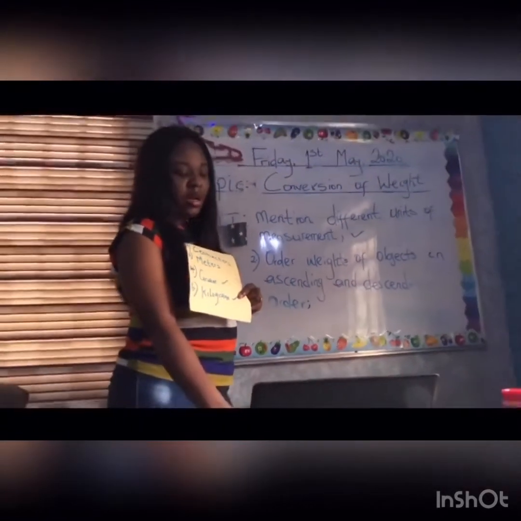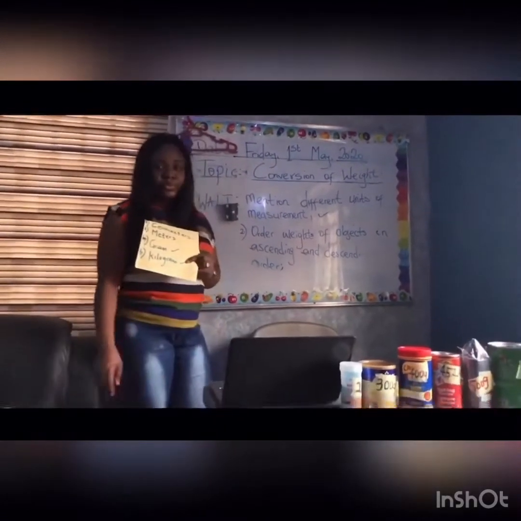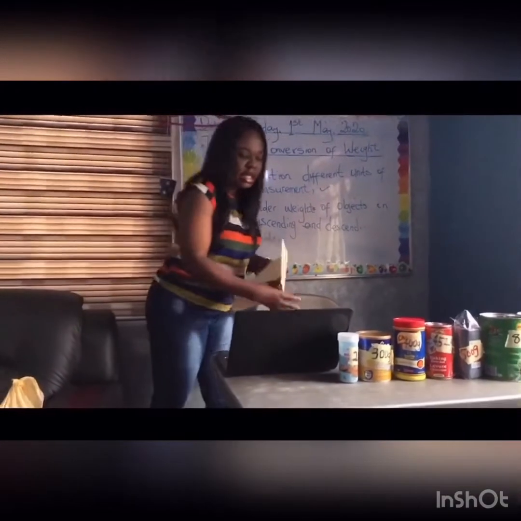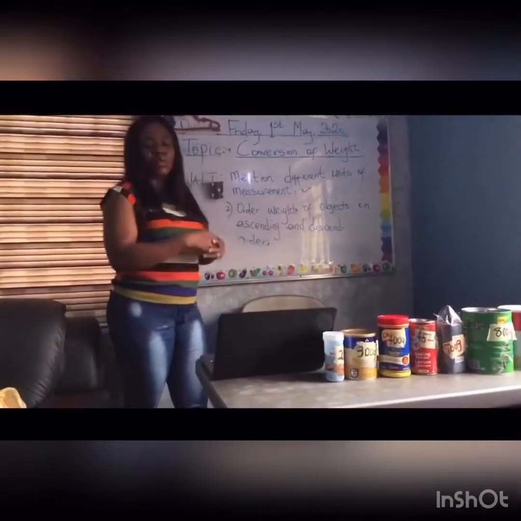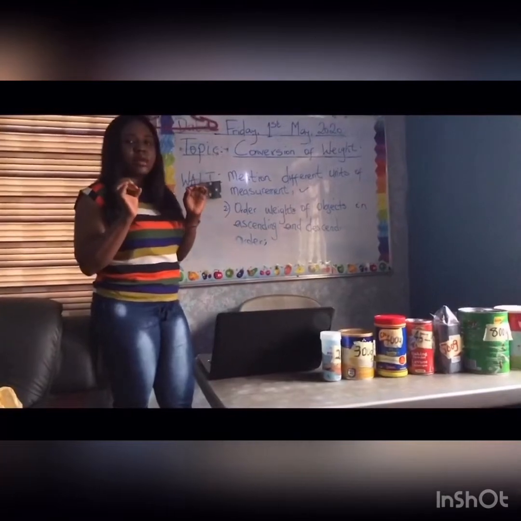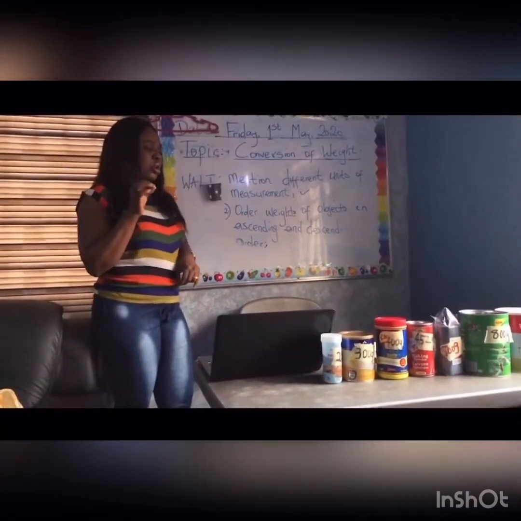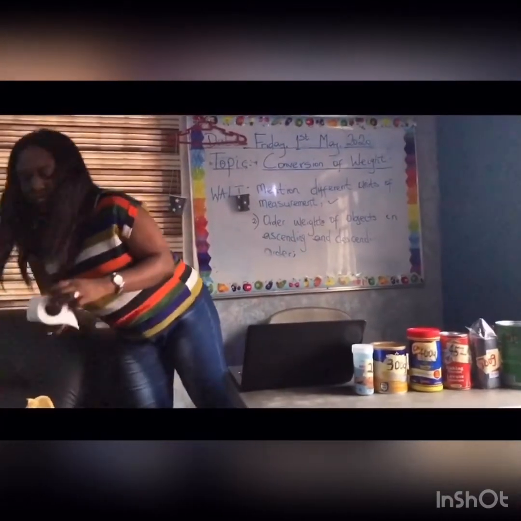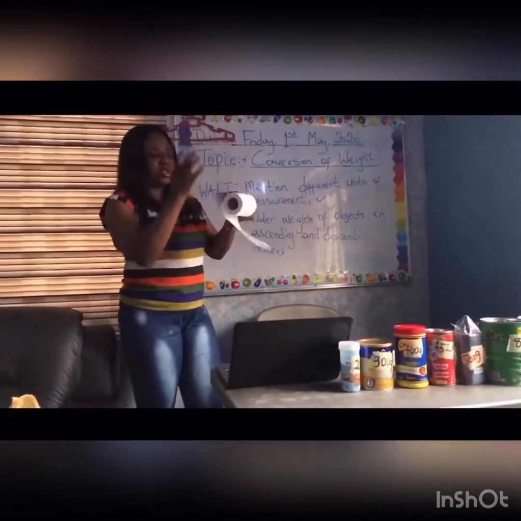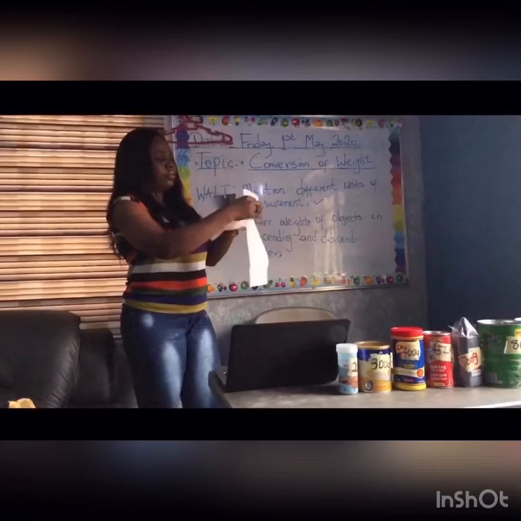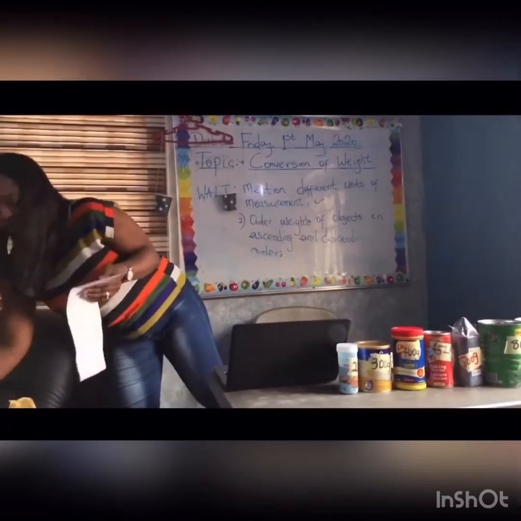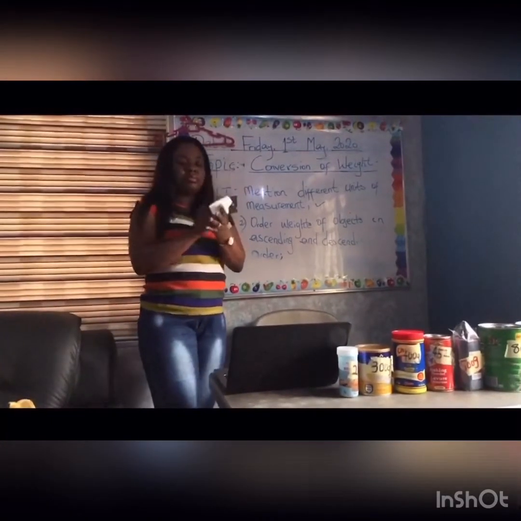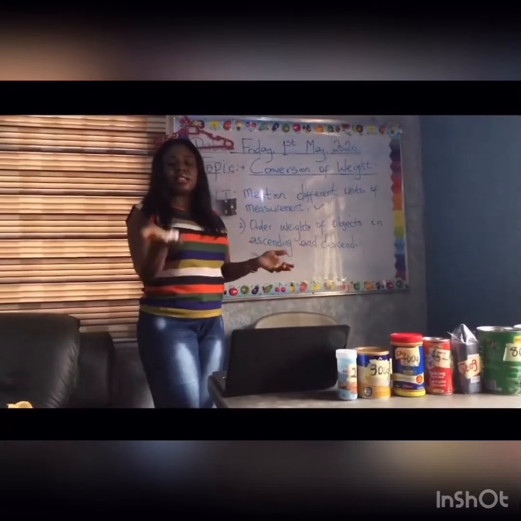Kilogram. Okay, so gram is a unit of measurement used to measure light objects. We use gram to measure light objects. That's my tissue. Just want to cut a little of it. So look at this. It's actually light, isn't it?